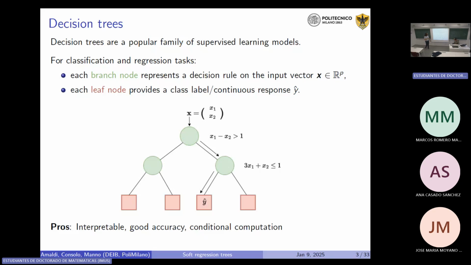Why use decision trees? Because they are easy to interpret. Also, non-experts can understand the idea of following a decision rule to give a prediction. They are able to achieve a high level of accuracy; in particular, the new formulations achieve really good accuracy. And last, they satisfy the conditional computation property, which is important in machine learning models.